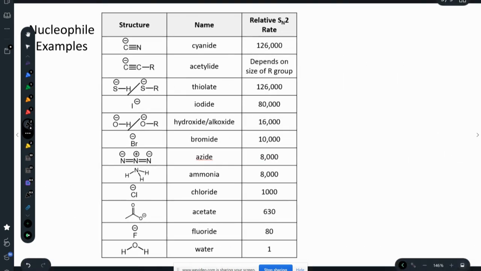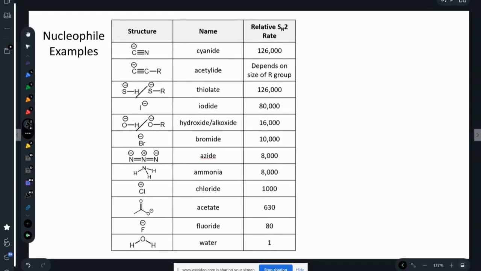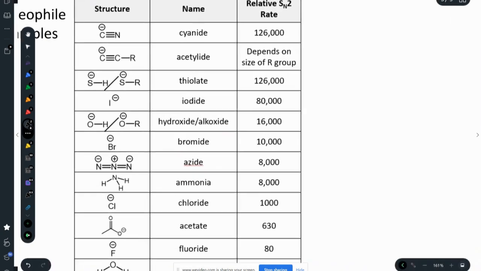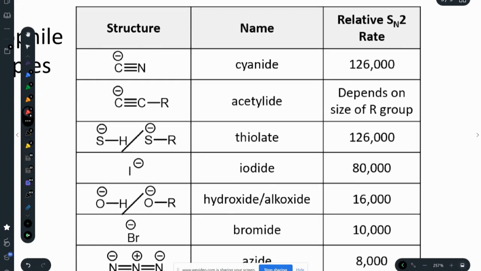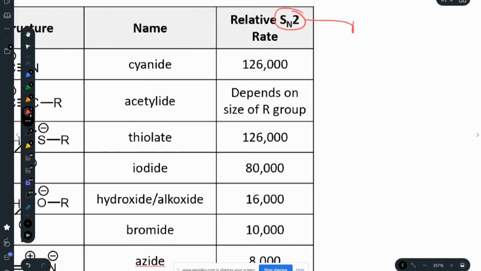So here, I wouldn't copy this chart down or anything, but I just wanted to give some examples of nucleophiles. And this chart is giving you the relative rate in a specific reaction. So this SN2 reaction, this is just a specific reaction where they act as a nucleophile.